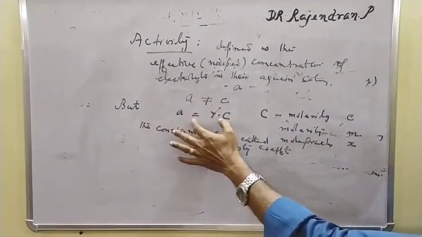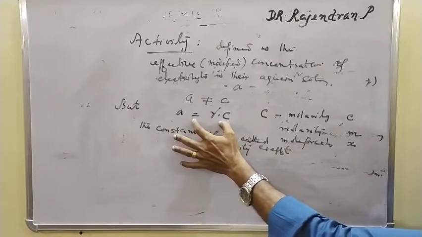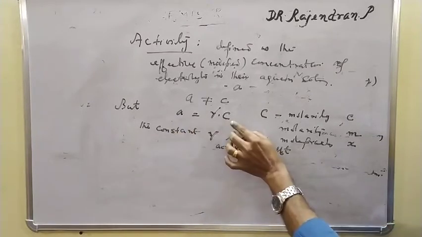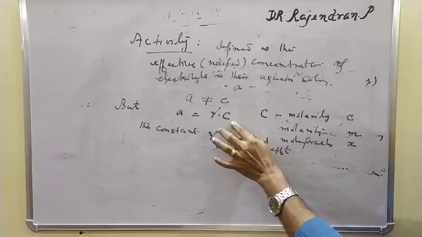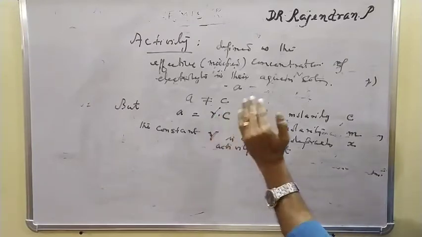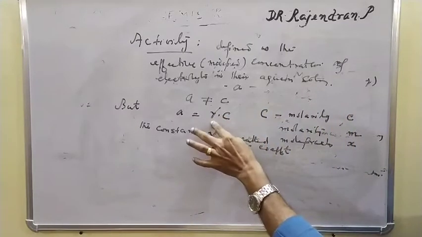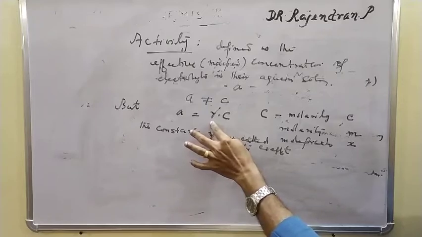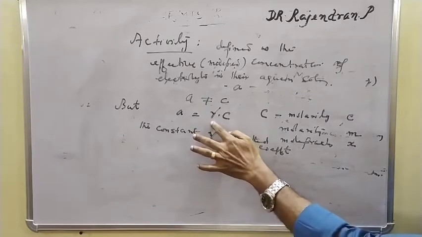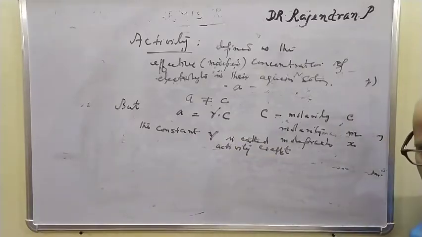The activity of an electrolyte is defined as the product of the activity coefficient and the stoichiometric concentration. The concentration is multiplied by an empirical constant called the activity coefficient, that is gamma into C.